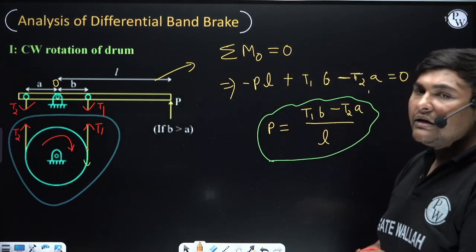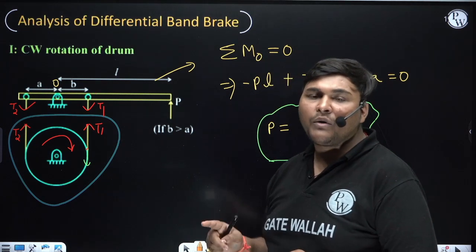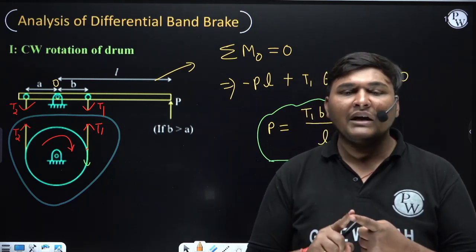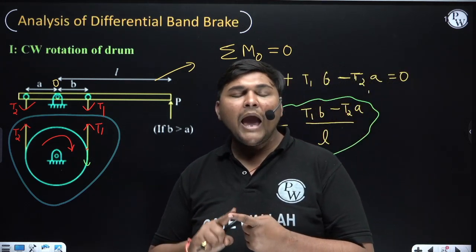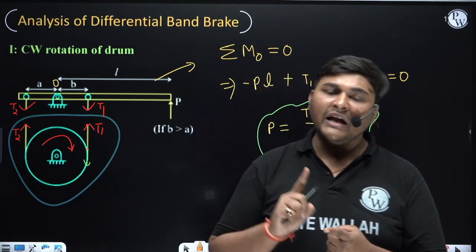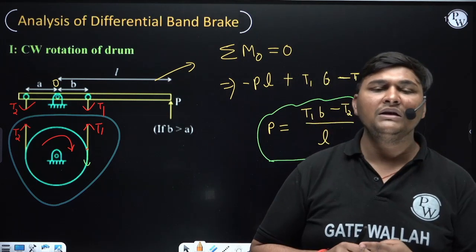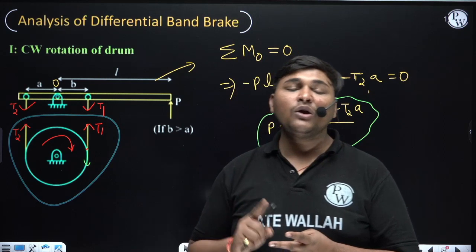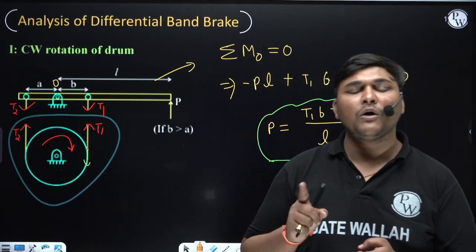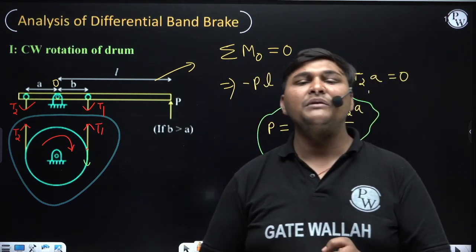Similarly here, whatever the direction of movement of effort P, clockwise or anti-clockwise, if the direction of movement of T2 about the fulcrum is the same as the direction of movement of effort P about the fulcrum, then the T2 part will try to reduce the braking effort, and due to that part the brake will be self-energizing. If the direction of movement of tension T1 about the fulcrum is the same as that of effort P, then the T1 part will try to reduce the braking effort, and the brake will be self-energizing due to the T1 part.